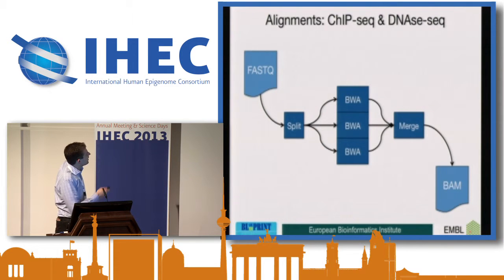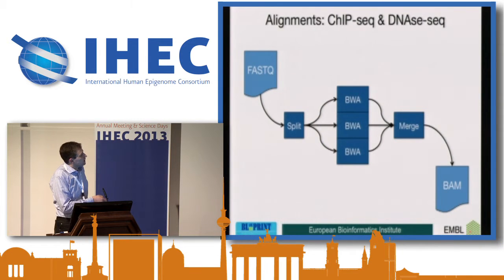So to start with, the ChIP-seq and DNA-seq, we use the same pipeline for both of these data types to the extent that we can, which is that the raw sequencing data is basically split up into smaller chunks so we can put it across the compute farm. And then we run the BWA alignment program to basically align them all to the genomes that we're using.